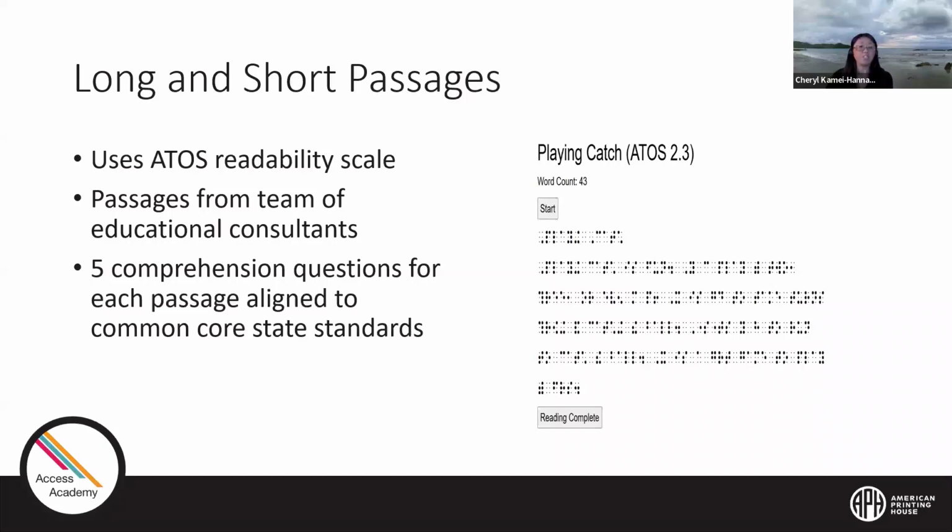The long passages were taking them anywhere between 30 and 45 minutes. So in terms of stamina and instructional content, if your student is taking 45 minutes to read a passage, then you may not be able to get to the actual instruction that you're hoping to get to because of that slower reading rate. So the short passages allow you to have another way of testing reading speed without over assessing your students.